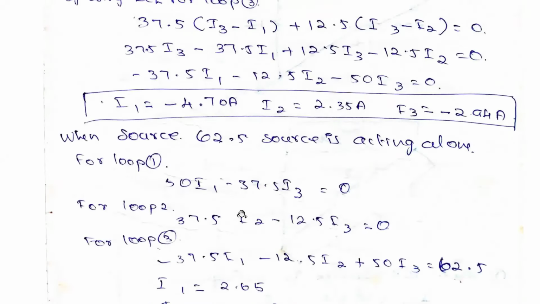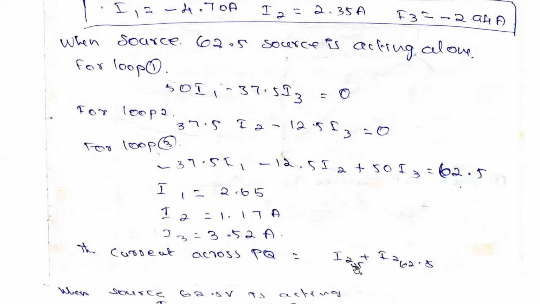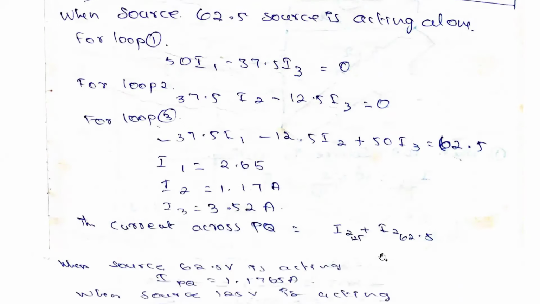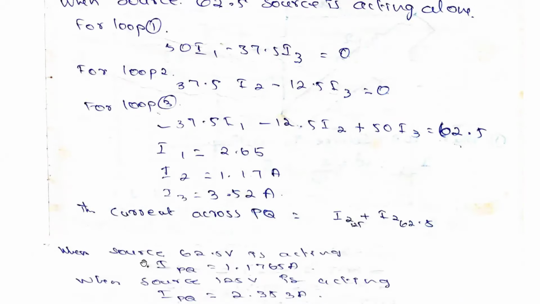One is the I2 current whenever the 125 volt source is operating, and the other is when only the 62.5 volt source is acting. That current also you need to add. When the 62.5 volt source is acting, IPQ, that is I2, is 1.1765 amperes.